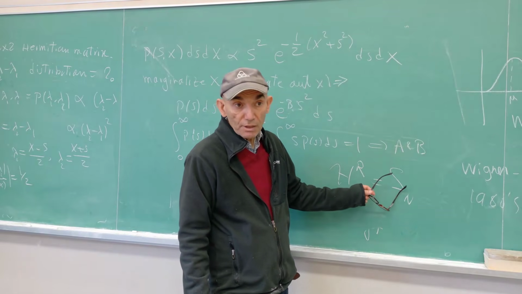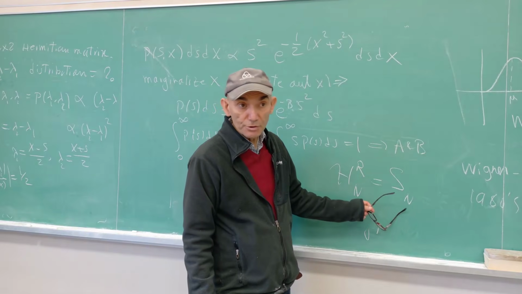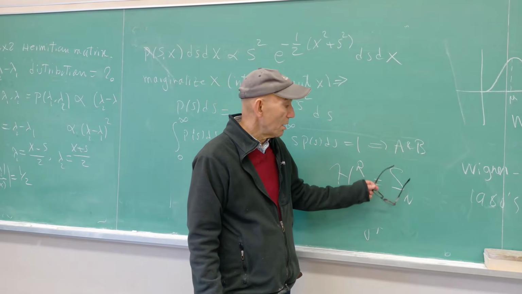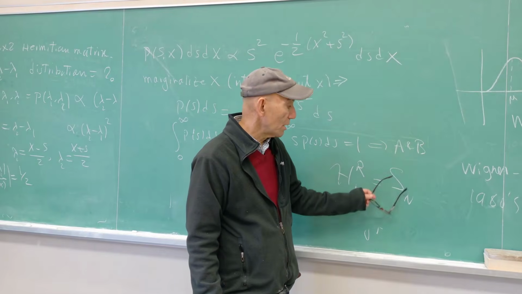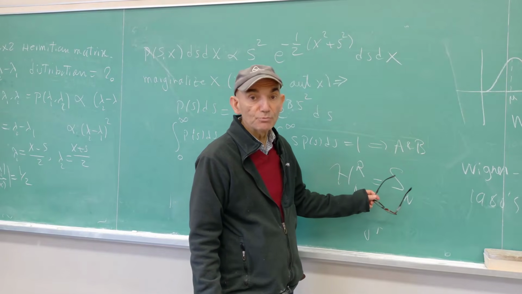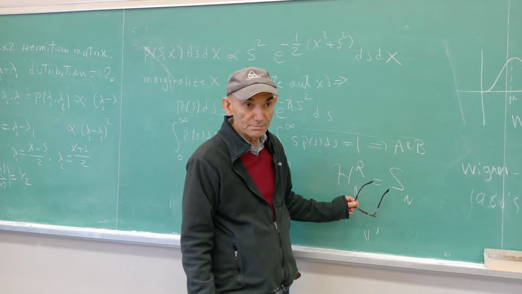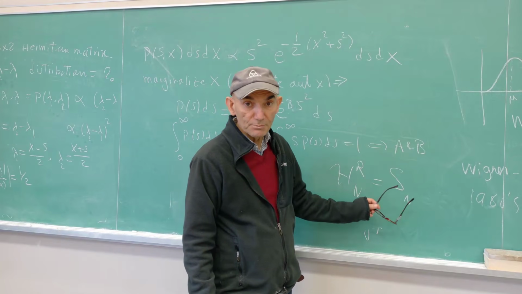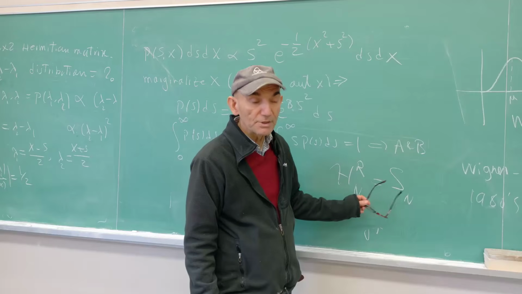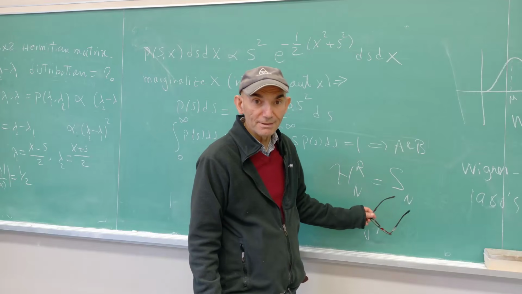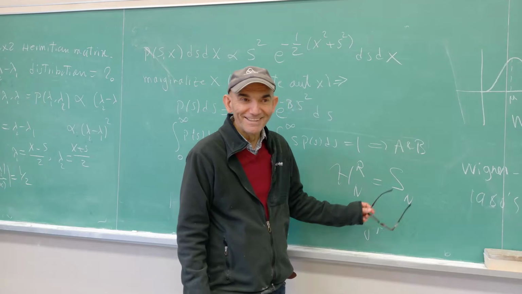They have real eigenvalues, and you can do it for 2 by 2. As a rule, working with real matrices is much more difficult, as you know, than complex matrices. Real is complex, complex is simple. Anyhow.